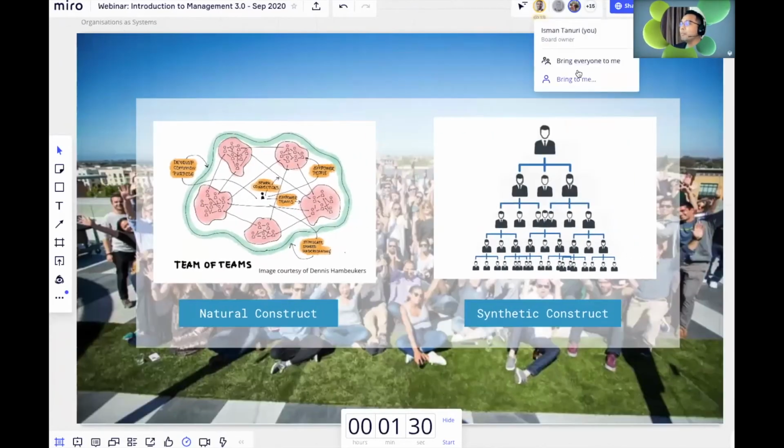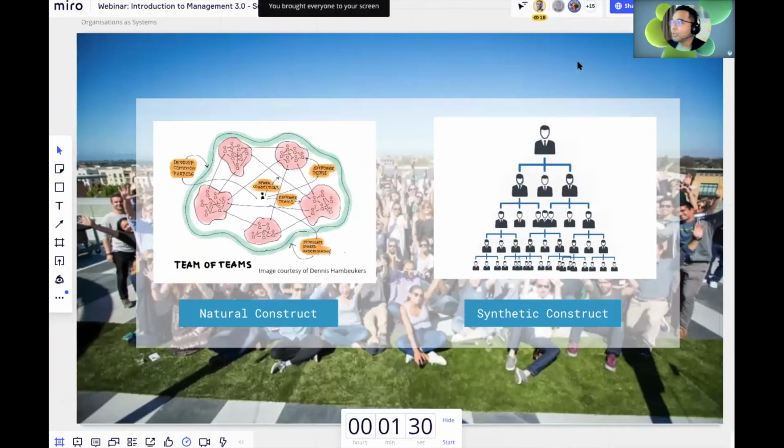I want to bring you to my screen. So as we know it, the idea of organizations in our current modern context is based around this synthetic construct, which is hierarchies, functions, departments.